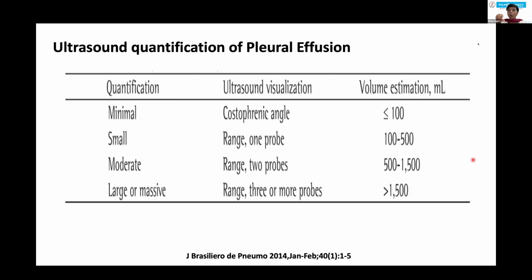If you put a probe in place and it is only one probe, if we go up there is no effusion, go down there is no effusion, this is considered a small effusion, about 100 to 500 ml. If it is a 2 probe effusion, it is moderate, 500 to 1500. And if it is 3 or more, it is more than 1.5 liters and is considered large or massive. Now, there are lots of formulas available online, but this is a rough guide.